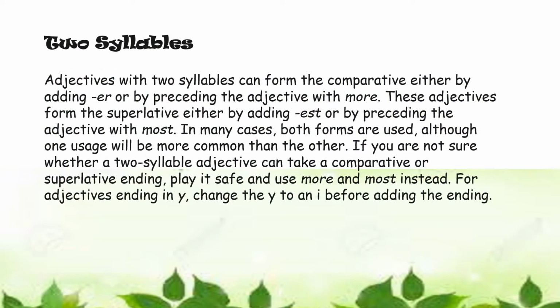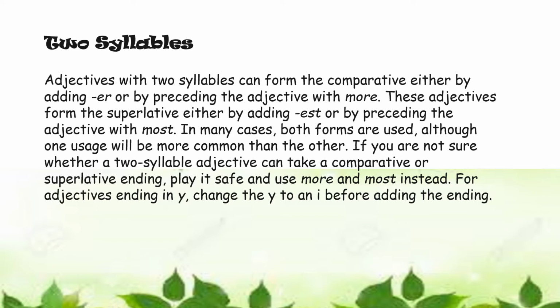Let's have the 2-syllable adjectives. Adjectives with 2 syllables can form the comparative either by adding er or by preceding the adjective with more. These adjectives form the superlative either by adding est or by preceding the adjective with most. In many cases, both forms are used, although one usage will be more common than the other.